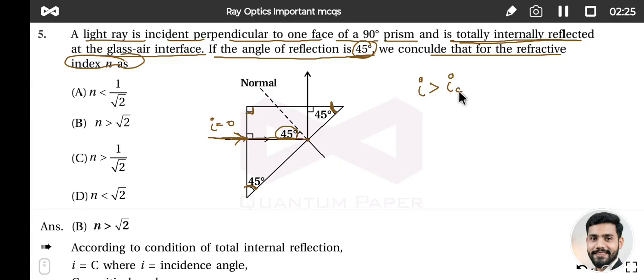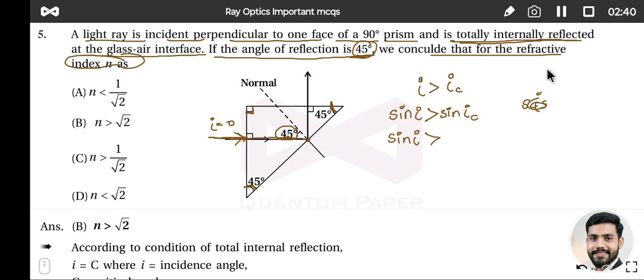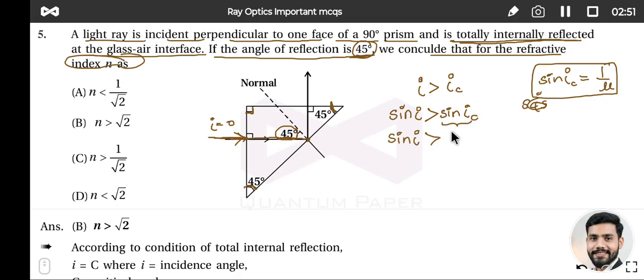So if we take sine on both sides, sine i must be greater than sine of the critical angle iC. Now the critical angle formula we have: sine iC, or sine of the critical angle, is equal to 1 upon mu. This is the formula in terms of refractive index of critical angle. So if I apply here, it will be 1 upon mu. We have to find out this mu only.